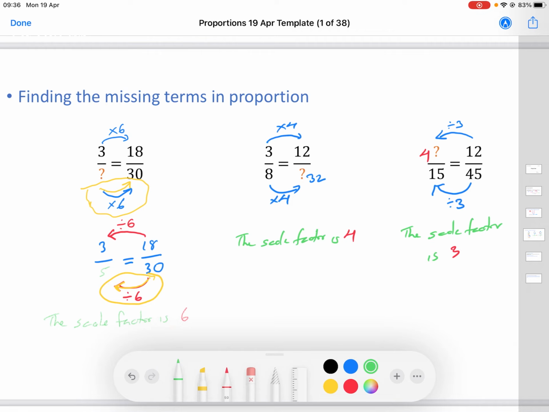Many students make a mistake of writing the sign of multiplication or division. Sometimes some people write like 3 over something and 18 over 30. Some of you are writing 3 times, okay, then 6 times. No, this is wrong. The multiplication will be in the front.